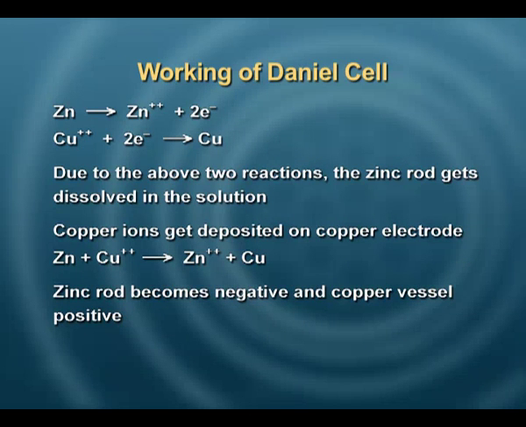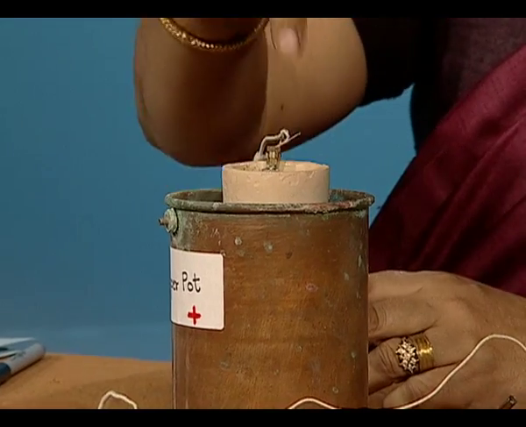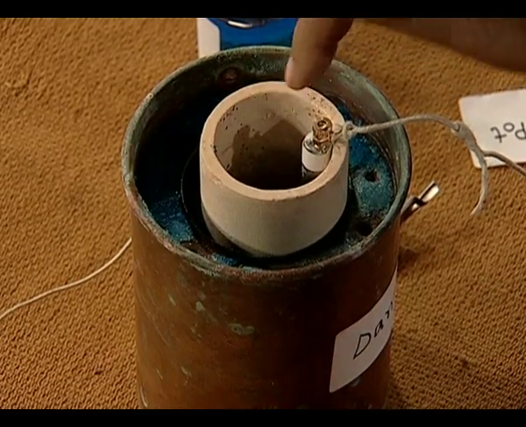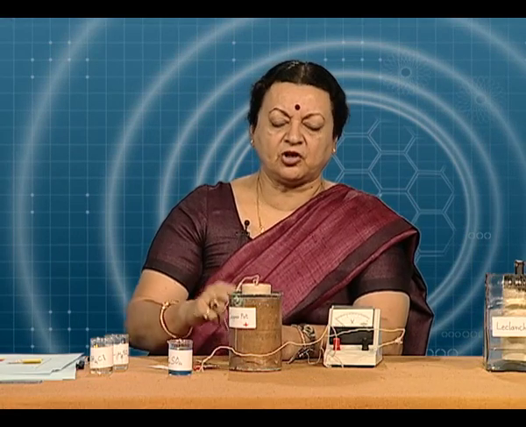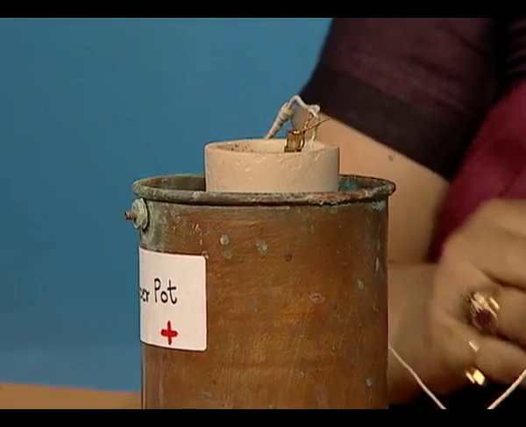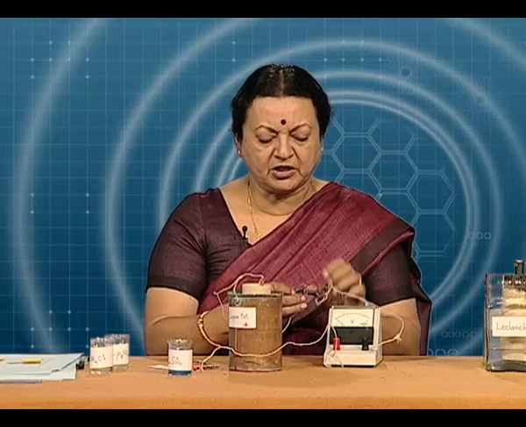The reaction in this case starts from the center of the cell. As I put this zinc rod inside it, the reaction between sulfuric acid, as we had just seen, starts here. The hydrogen ion goes past the porous pot onto the copper sulphate, and the copper is deposited on the inside of the copper pot. We can measure the potential difference here using our voltmeter.